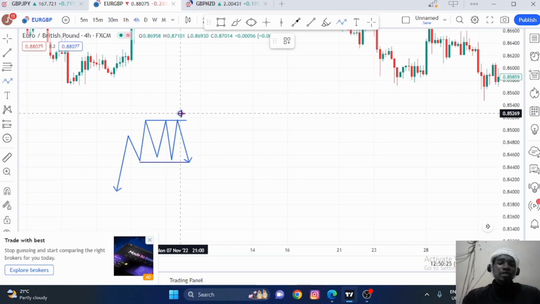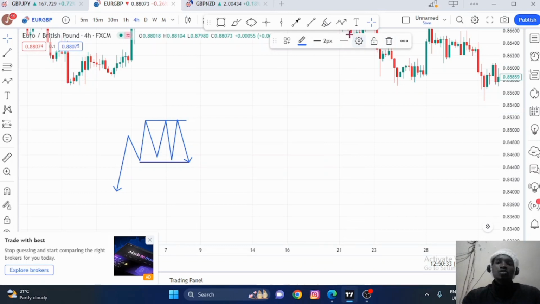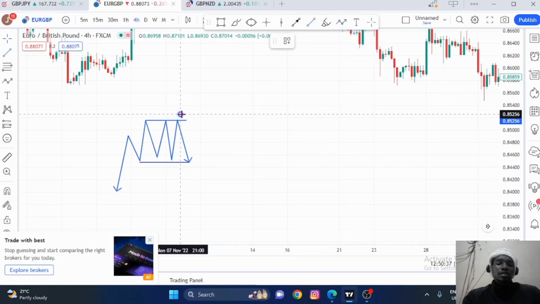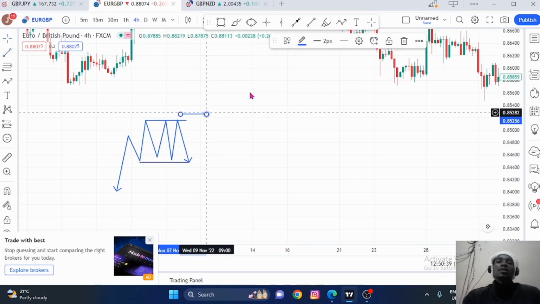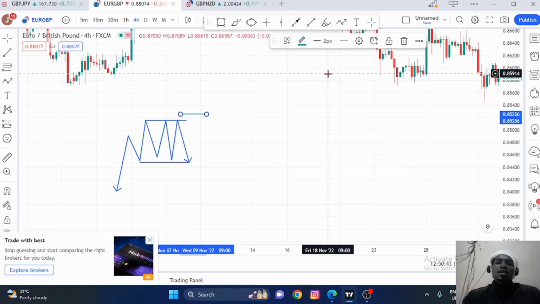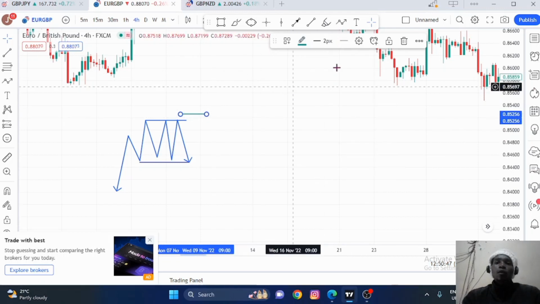Now, you have your buy stops here, in this zone. Maybe you have your own buy stops here. This is your entry. Let me use another color for the entries. Now, that is your buy stops.